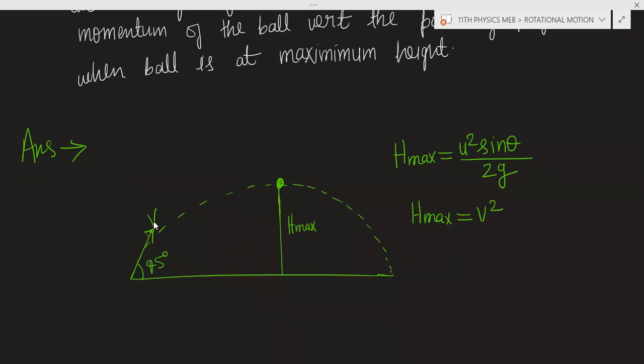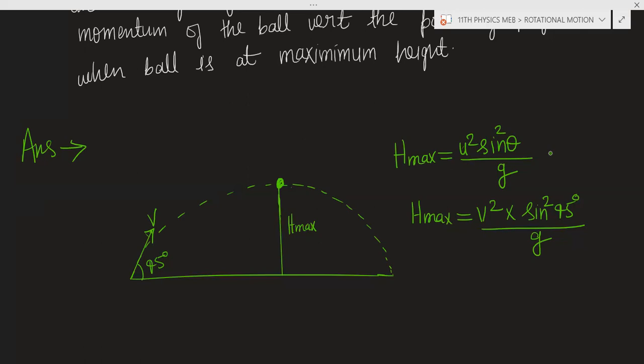So it will be v square sine square 45 divided by g.